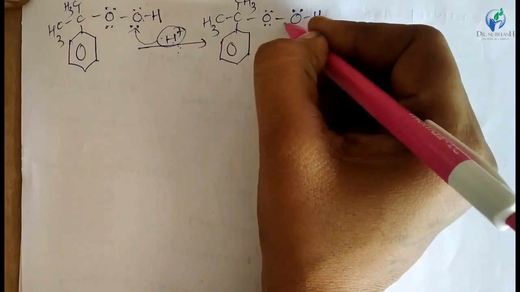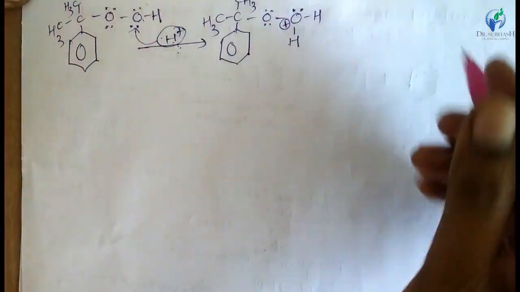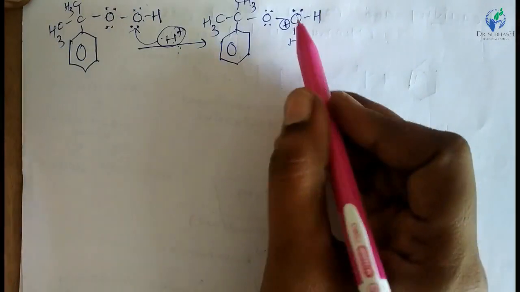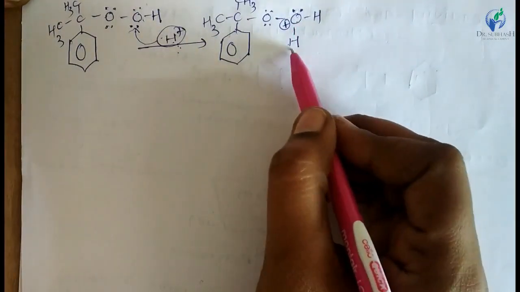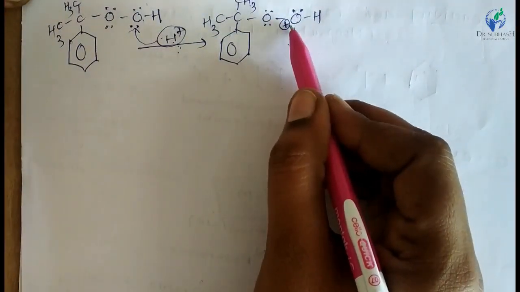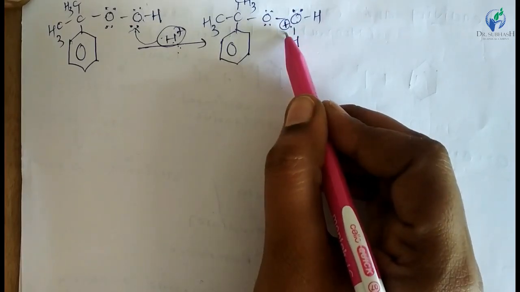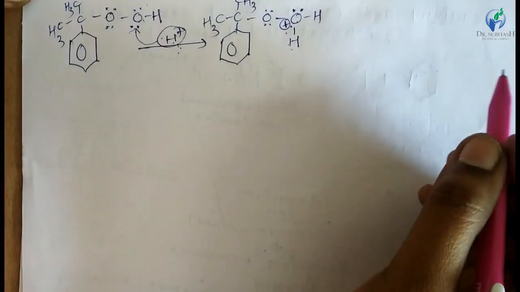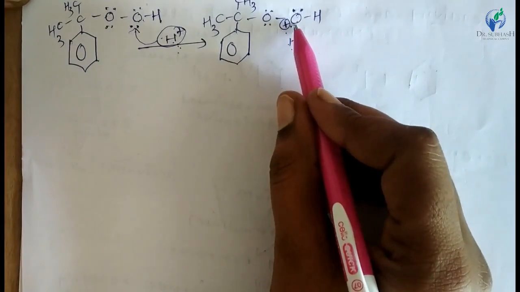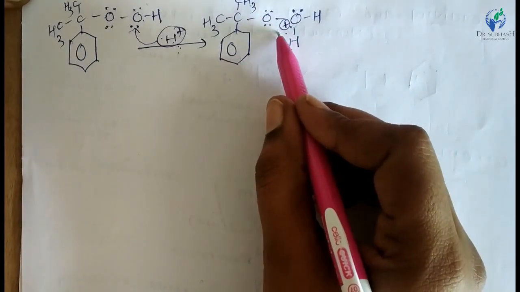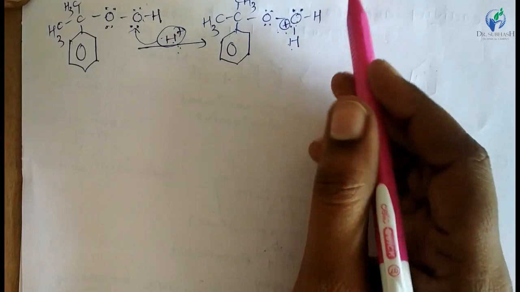So this oxygen acquires the positive charge, right? Because one lone pair of electrons is used, that's why oxygen acquires the positive charge. Its electrons are used, so it becomes electron deficient and acquires the positive charge. Now when oxygen acquires the positive charge, it becomes unstable, right?